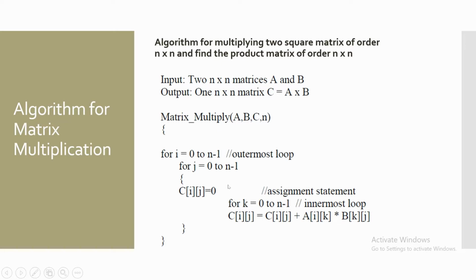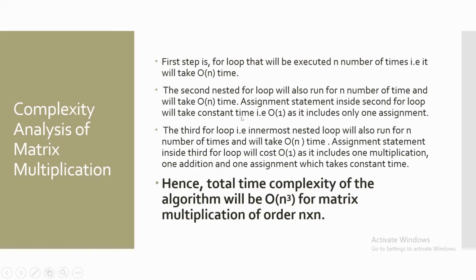So C2 n cube plus C1 n square. So the total complexity is dominated by the highest term, what do we get? n cube. So here we have told all these things that it takes constant time, and due to the inner loop the total complexity is big O of n cube, right? I hope you have understood what I want to say here, because whatever I have told you is written here, right?